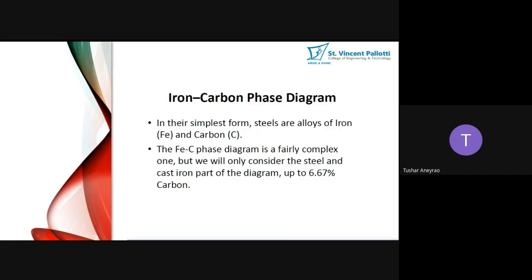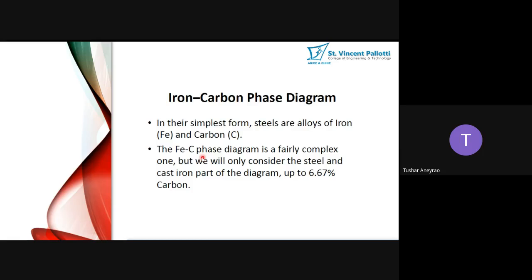In the iron carbon phase diagram, in their simplest form, steels are alloys of iron, Fe, and carbon. Whatever steel we are calling, which we widely use for every purpose, is nothing but a mixture of iron, that is the Fe element, and carbon, that is C. That's why this diagram is also called the Fe-C diagram, the iron carbon phase diagram.